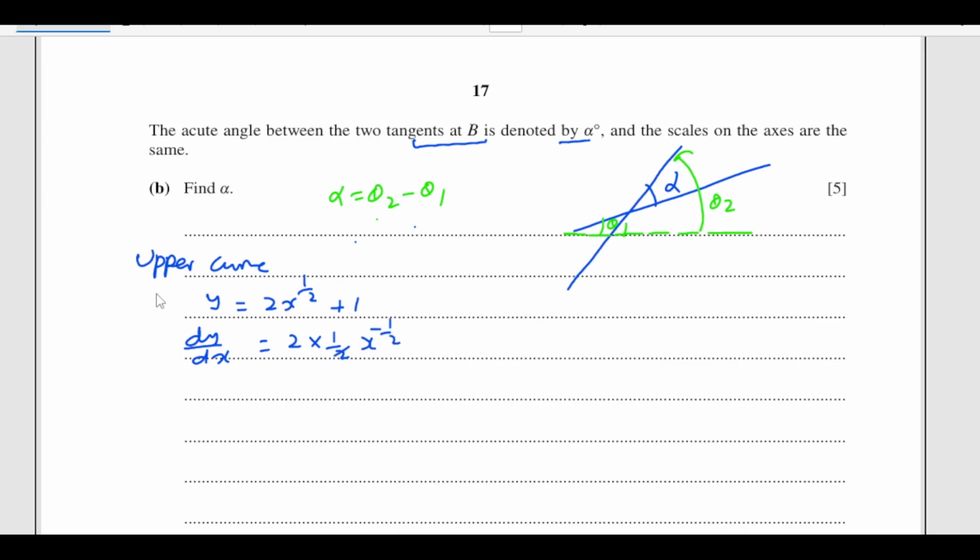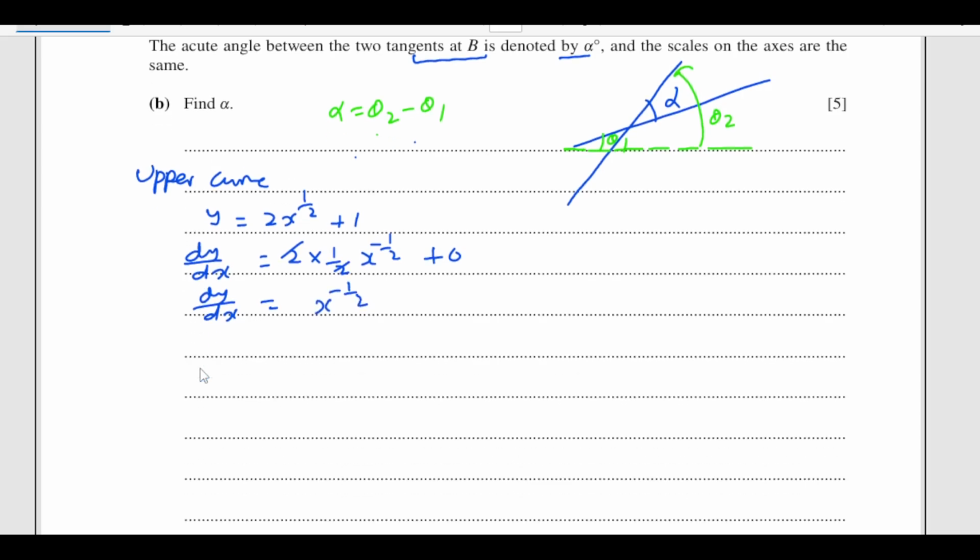So this 2 and 2 is going, this is plus 0, and dy over dx is going to be x power minus half. So this dy dx is change in y over change in x. So basically this is the tangent. So this is tan theta 1, right? Which is x power minus half.